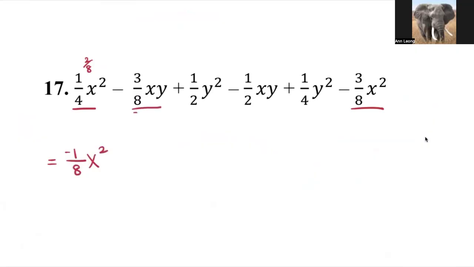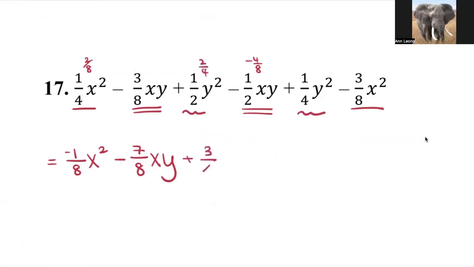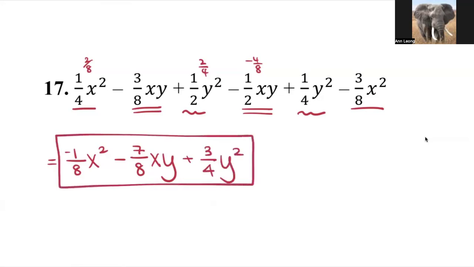I have my xy term and xy term, common denominator, gets me negative 4 over 8, so that would be a minus 7 over 8 xy. And my y squared term, common denominator, that'll be 2 over 4. So plus 3 over 4 y squared. All right, that's my final answer for that.